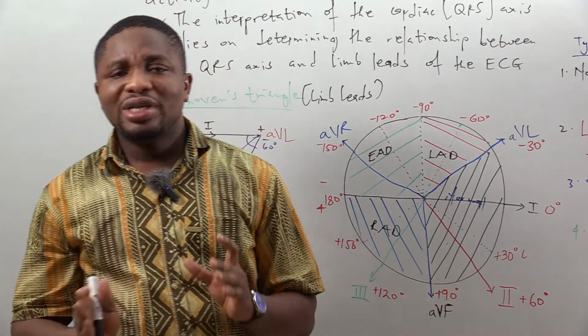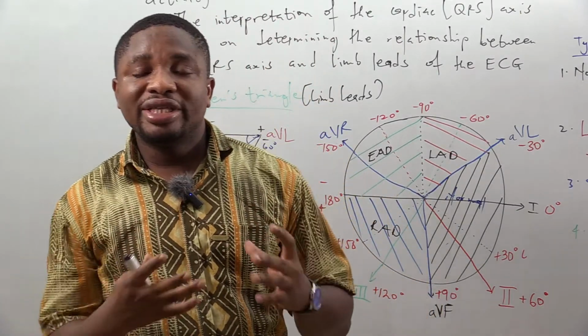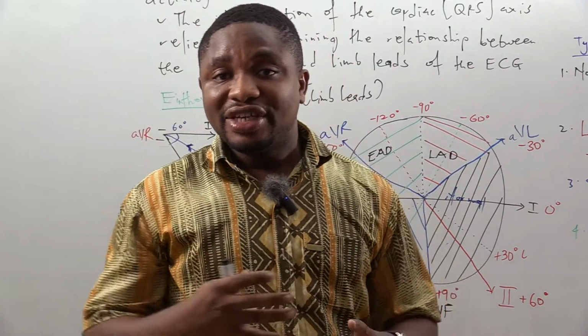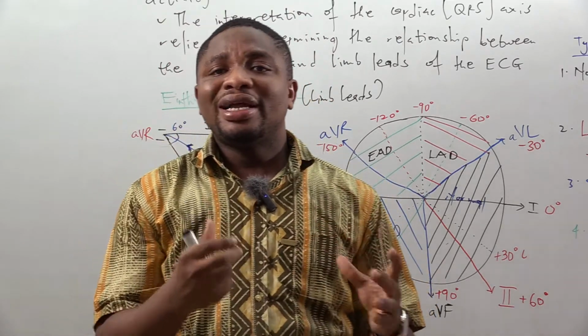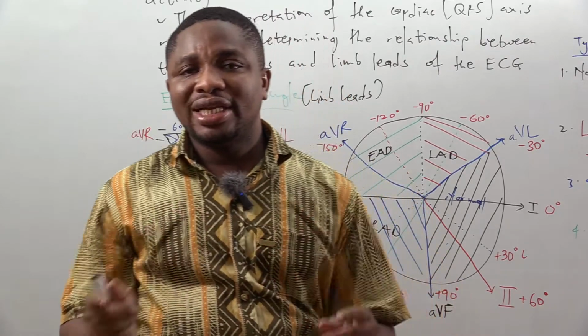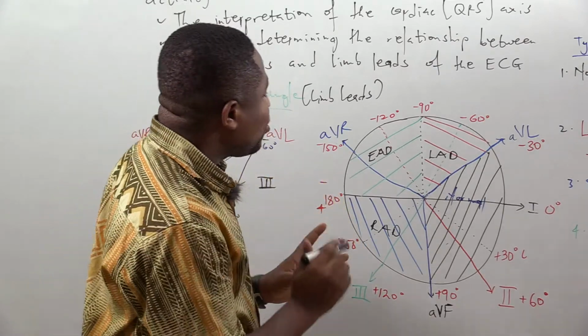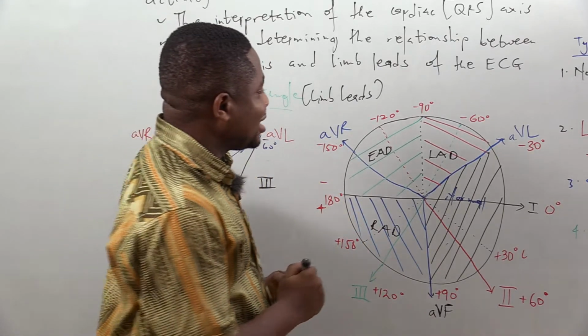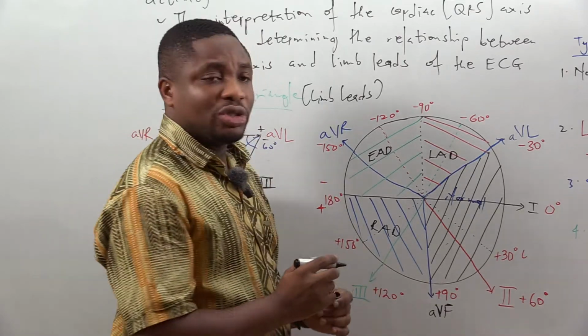And you should also know that majority of the muscles of the heart is concentrated in the left ventricle. Because of that, the cardiac axis is normally oriented downwards and slightly to the left. Now let's look at that. Downwards and slightly to the left, meaning that the normal cardiac axis is going to be between what?